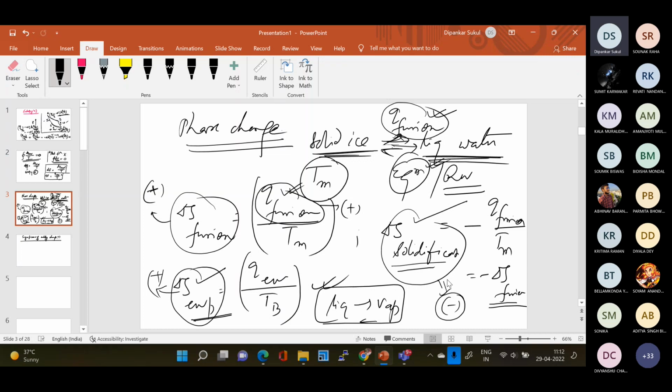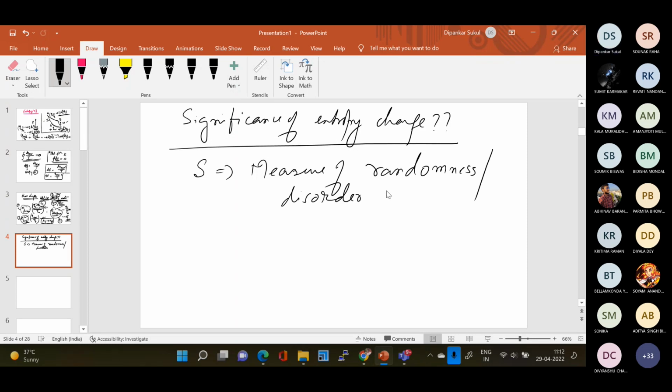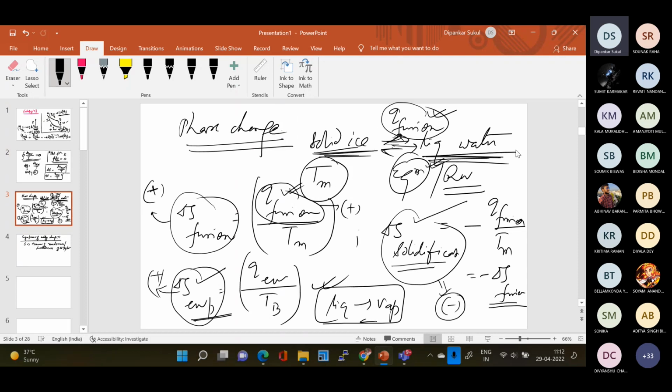From this, we may conclude that entropy is a measure of randomness or disorderedness of the system. Because when solid ice becomes liquid water, or liquid water becomes vapor, for these phase transitions, ultimately the randomness of the system is increasing.